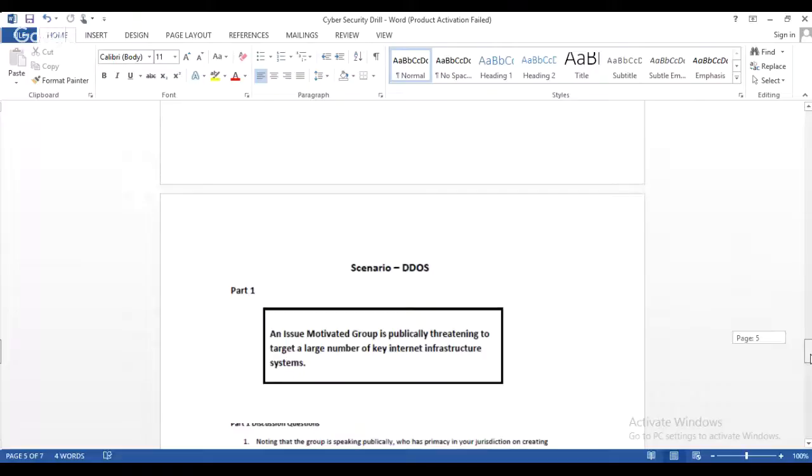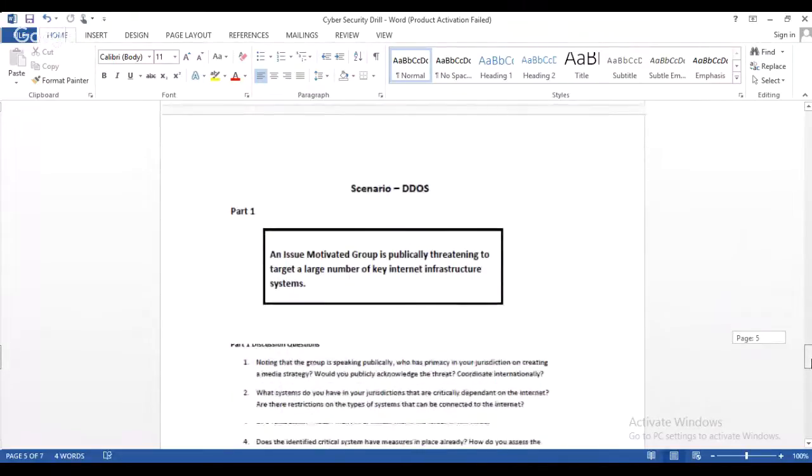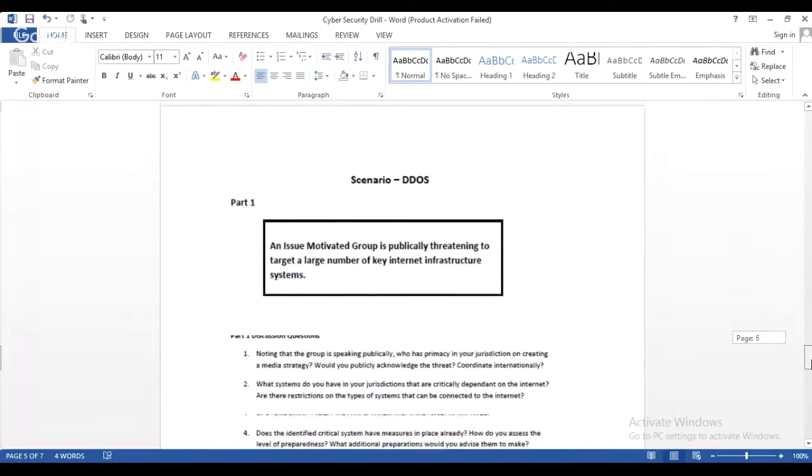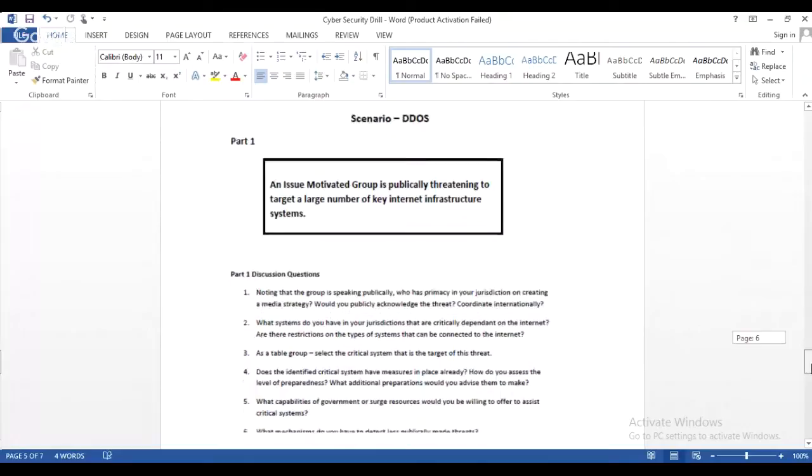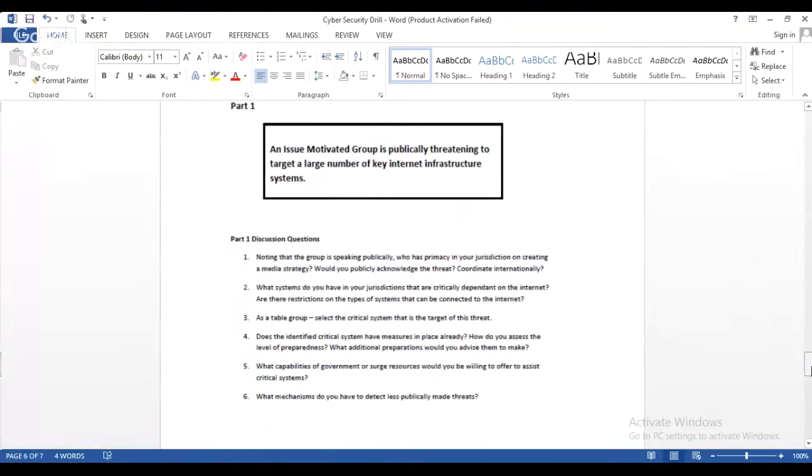The third scenario is based on DDoS. In part one, an issue-motivated group is publicly threatening to target a large number of key internet infrastructure systems. First question, yes, Malik. Noting that the group is speaking publicly, would you publicly acknowledge the threat?